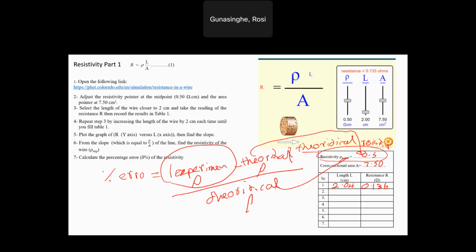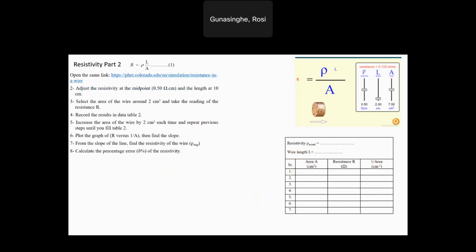In the second part of the lab, we are using the same equation. However, what we are going to change is this: you are going to keep the resistivity constant and the length of the wire constant as well. Keeping the length constant, we are going to change the area and see how the area changes the resistance.